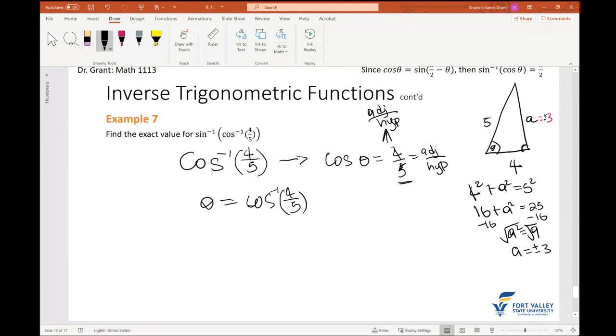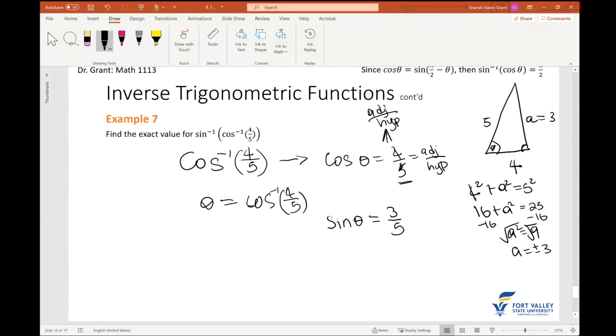That means that if we're in quadrant 1, then sine of this theta must also be positive. So if I'm looking for a sine, I'll take the positive value. So it's actually going to be positive 3 like I wrote before. So sine is opposite over hypotenuse, which is 3/5.